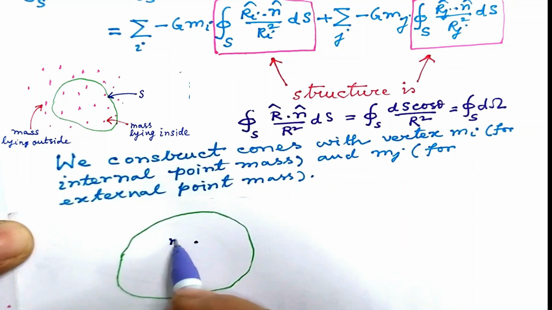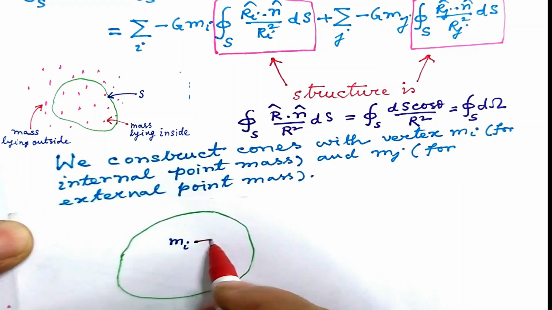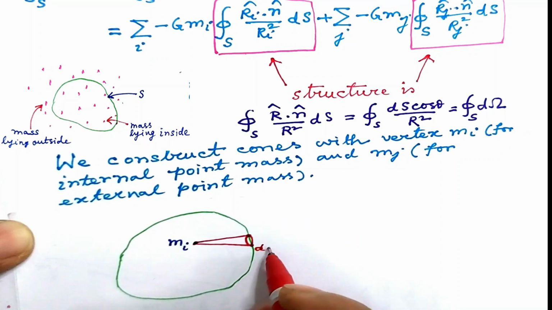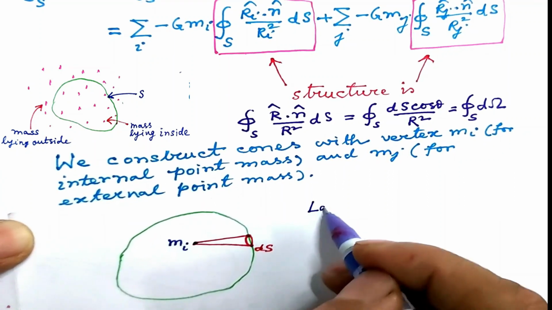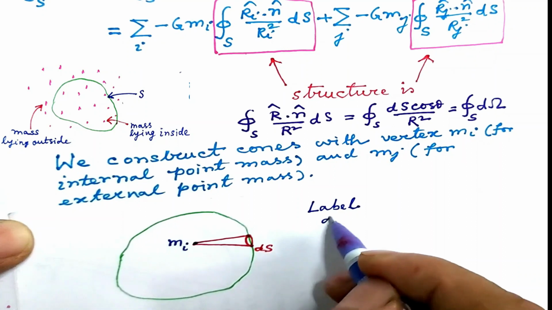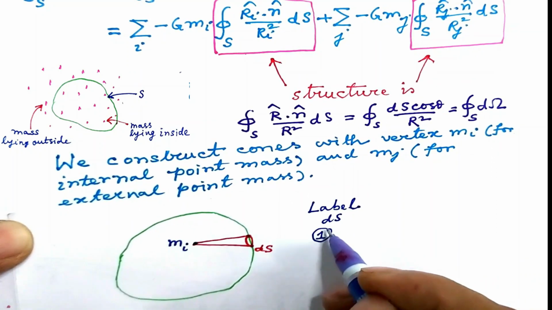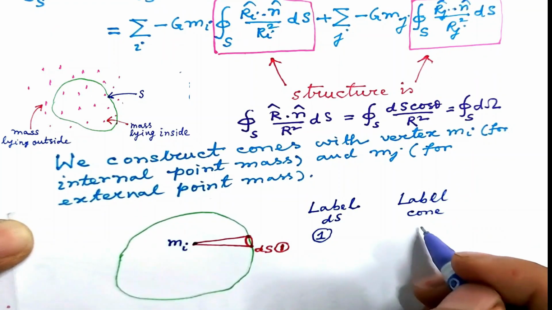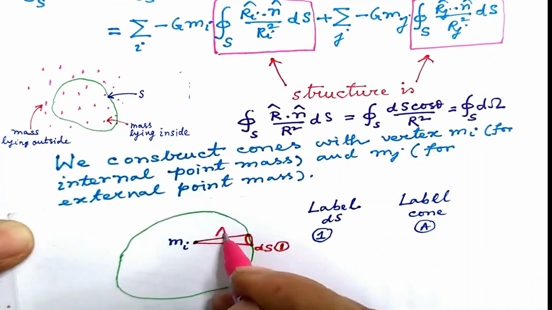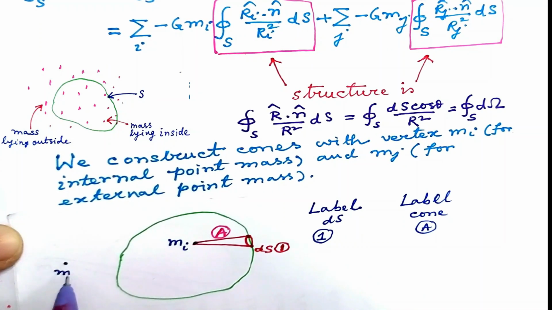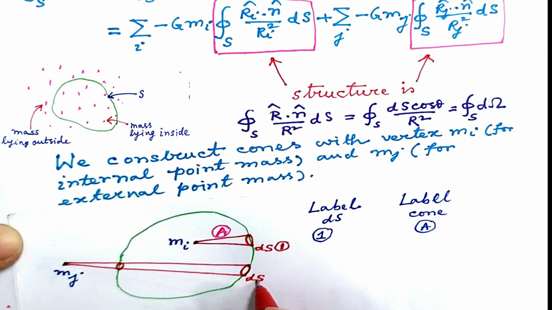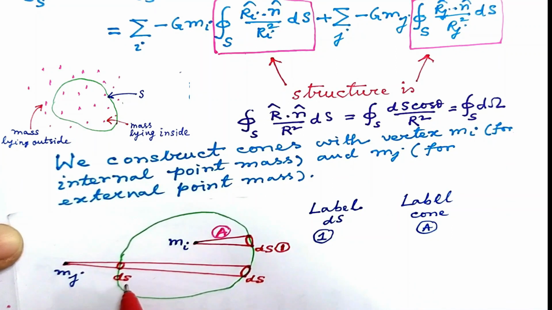This dot is the internal point mass m_i. This is the cone with vertex m_i subtended by the surface element ds. For future convenience of reference, let us label this ds by encircled number 1 and this cone by the encircled letter A. Let this dot be m_j and we construct the cone with vertex m_j subtended by the surface element ds here and another ds here.